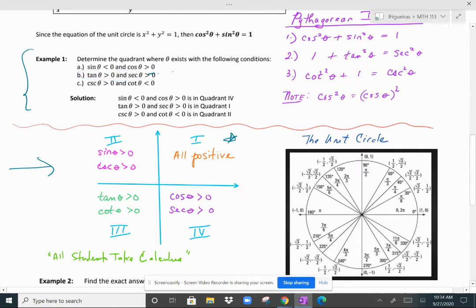Part C here is asking where is your cosecant positive and your cotangent negative? Cosecant is positive and cotangent is negative in quadrant 2 because cosecant and sine are positive in quadrant 2, but cotangent is negative.